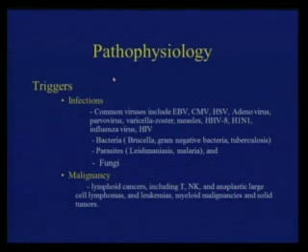Those patients can have leukemia, lymphoma, myeloid malignancies, or even solid tumors. If you start reading literature on secondary HLH, I guarantee most of it comes from pediatric oncology literature, because they get to see those patients a whole lot.